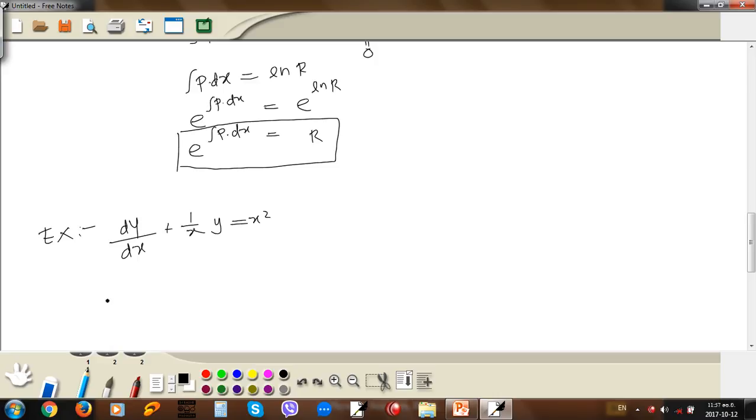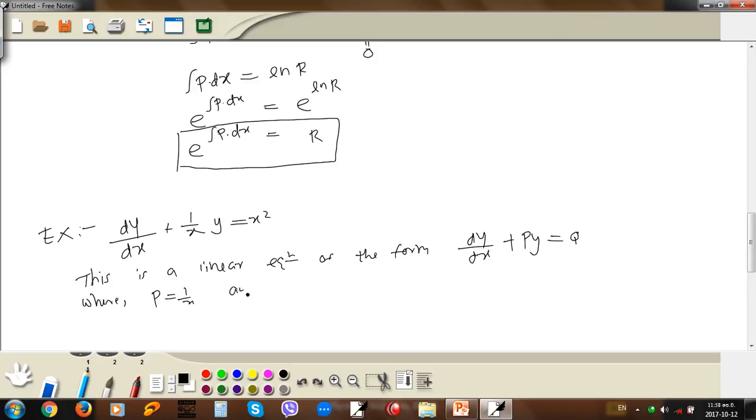So we can write this is a linear equation of the form, what is the general form? dy by dx plus p y equals q, where here p equals 1 over x and q equals x to the power 2. When we compare these two equations, p equals 1 over x, q equals x squared.